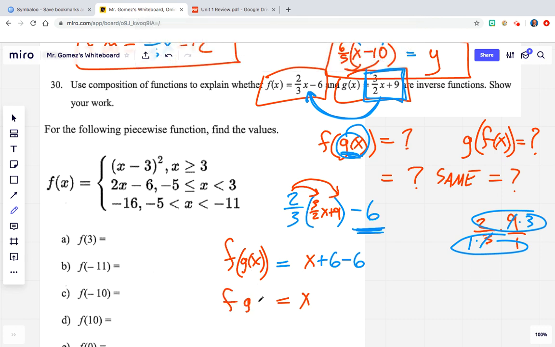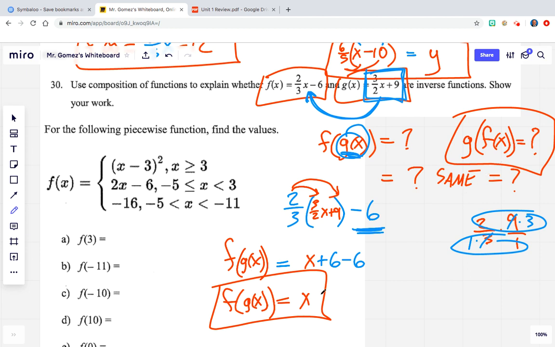So I'm left with f of g of x is equal to x. So now, all I have to do now is show what does g of f of x equal. And if it equals x when I simplify, then f of x and g of x are in fact inverse functions, okay? So let's go ahead and make room for that and work that one out.